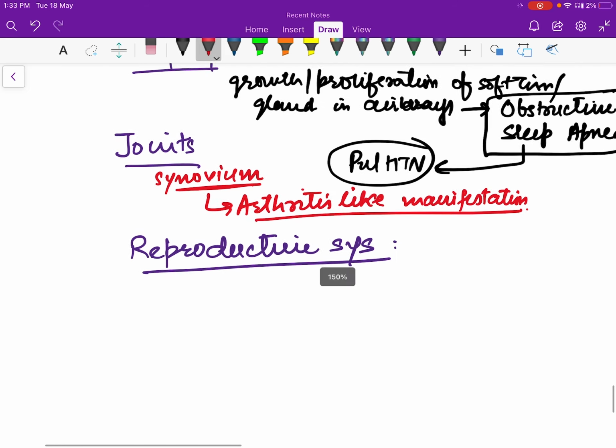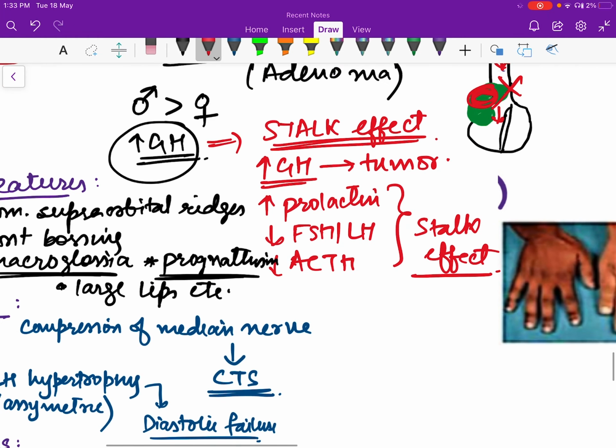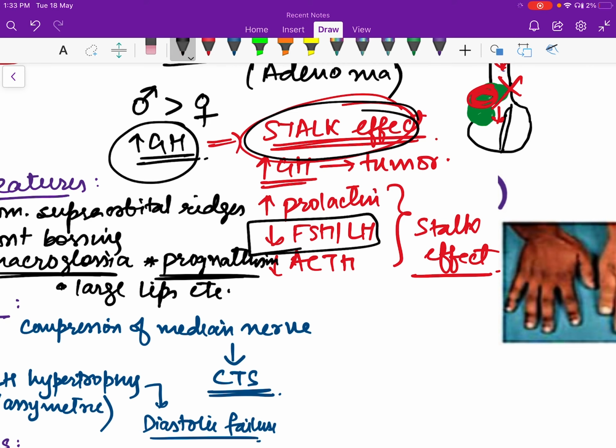Now in the reproductive system, the effect will actually be because of the stalk effect, because there will be decreased production of FSH and LH.